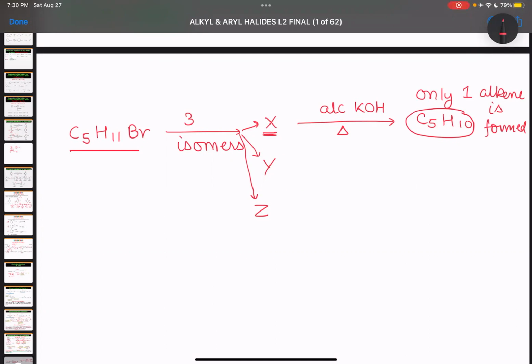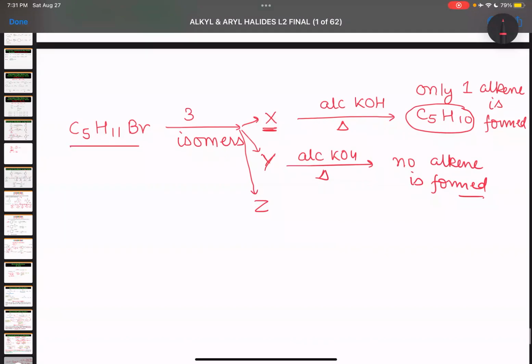And there is another isomer which, if you react it with alcoholic KOH and heat, will not undergo elimination. No alkene is formed, meaning it can't undergo an elimination reaction.